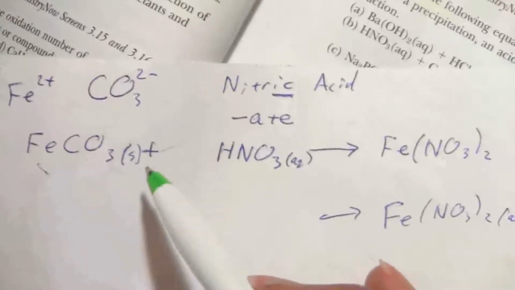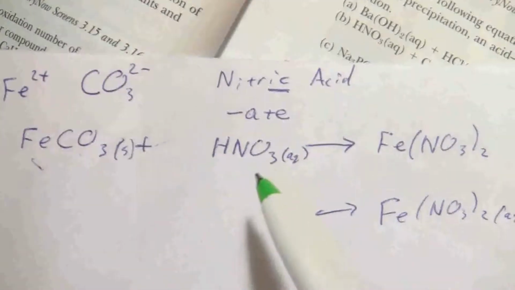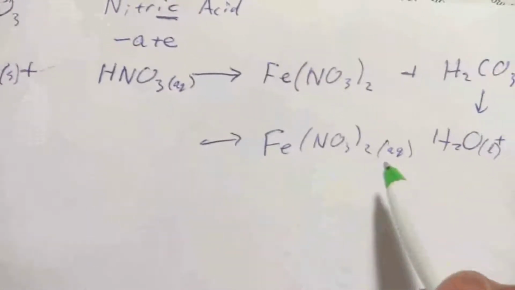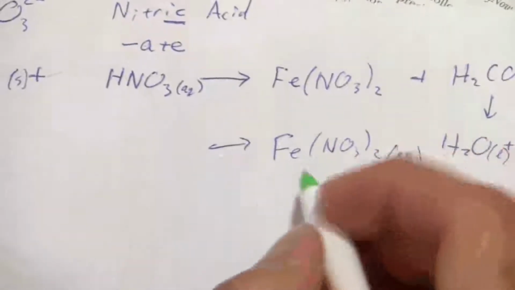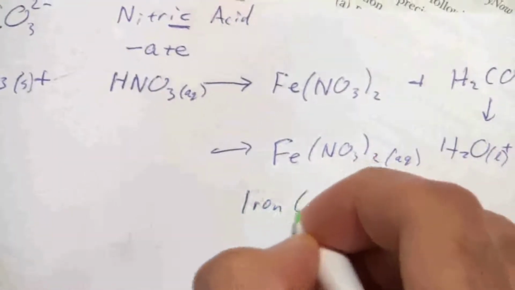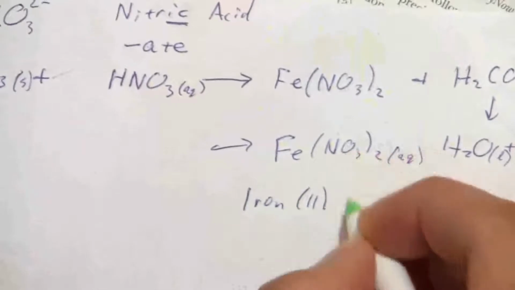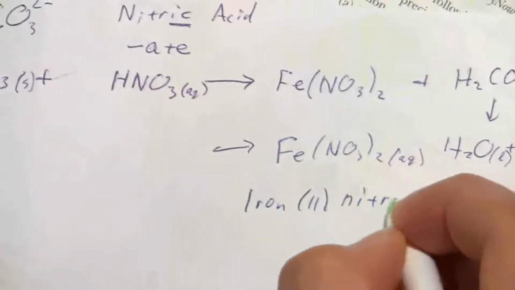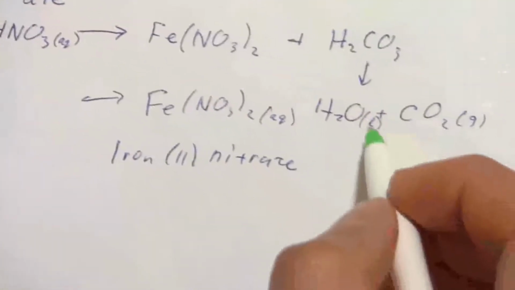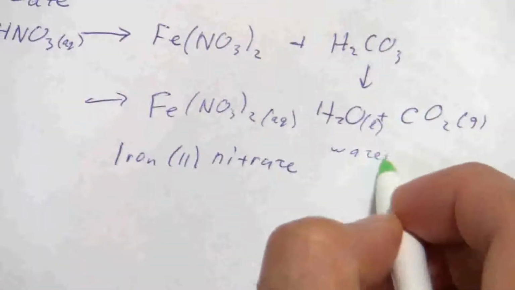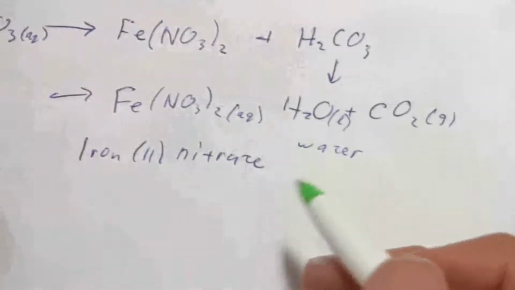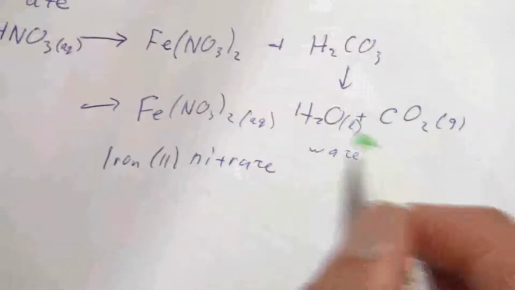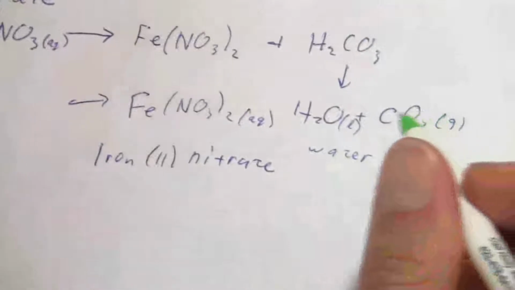Iron(II) carbonate solid plus nitric acid produces, and what's the name of this? Well, iron is still iron(II), so iron(II) nitrate. And water, that's an easy one. We don't have a systematic name for H2O. Since it's so common, we just use water.